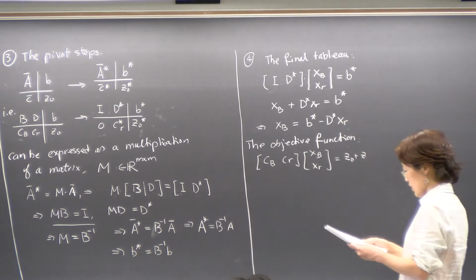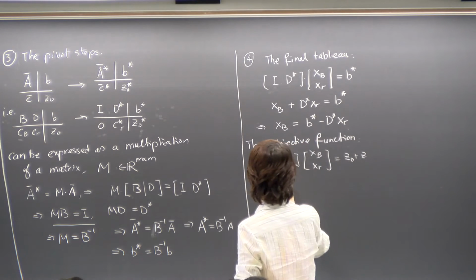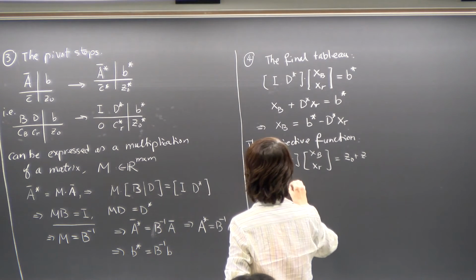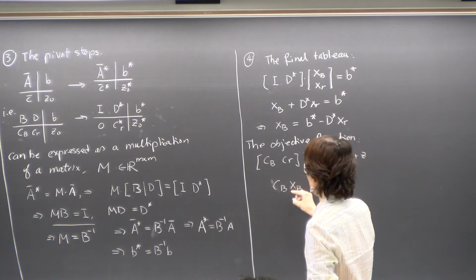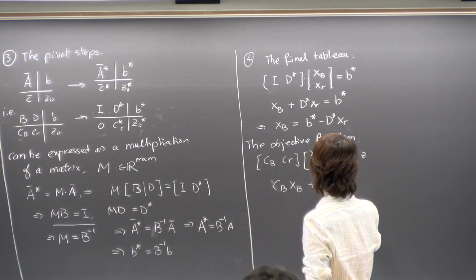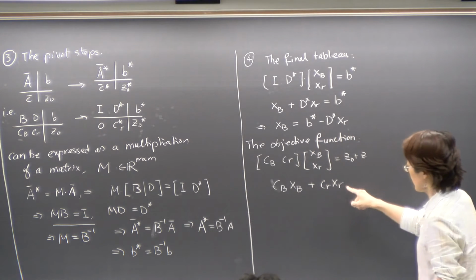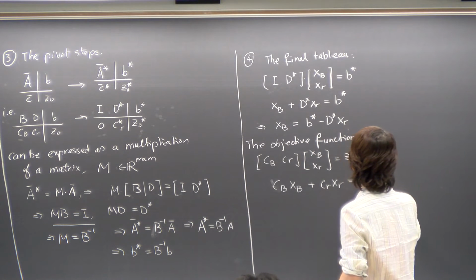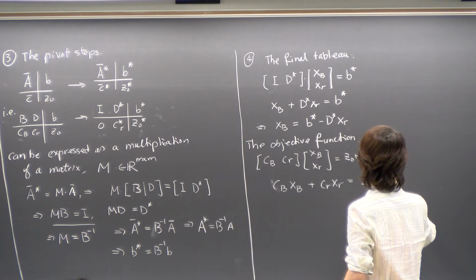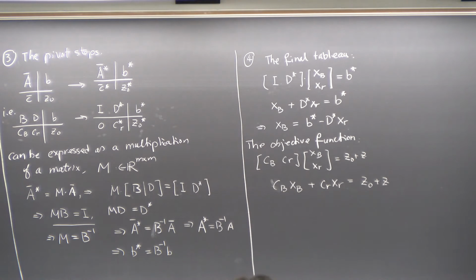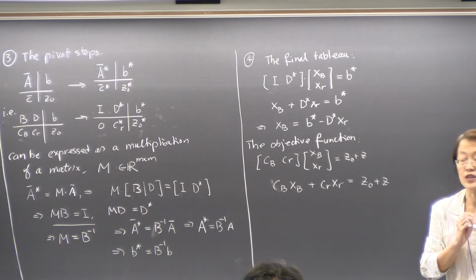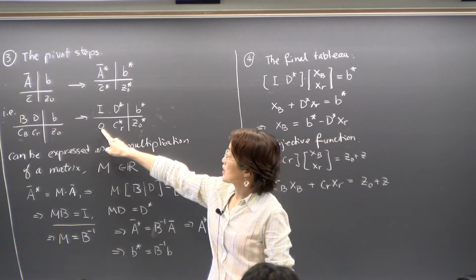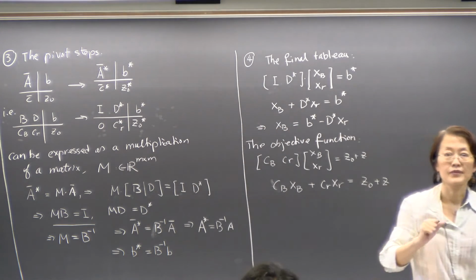If I write this out, it just looks fancy, CB XB. That is all the basic variables with their coefficients, and CR XR, the non-basic variables with their coefficients, equals Z0 plus Z. So that's my objective function. I want to rewrite it in terms of XR only. I don't want to write it in terms of XB, because in the final form, I must have all these 0. Is that right?